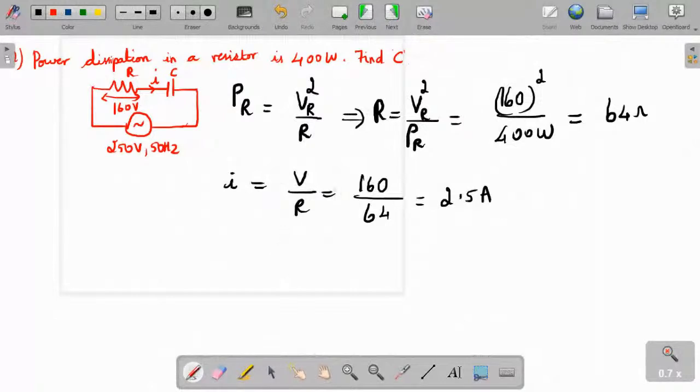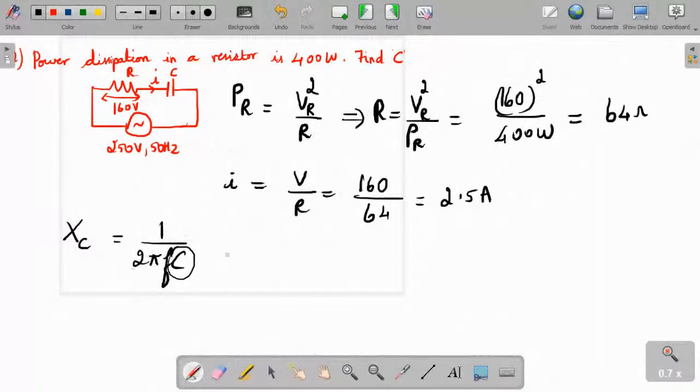Okay, so now how to find the value of capacitance? In an AC circuit we always write everything as reactance and impedance. So what is XC? XC is given by 1 by 2 pi f C. This is the formula we know. So here the capacitance C comes in, so using this formula we can find C. But how to find XC?